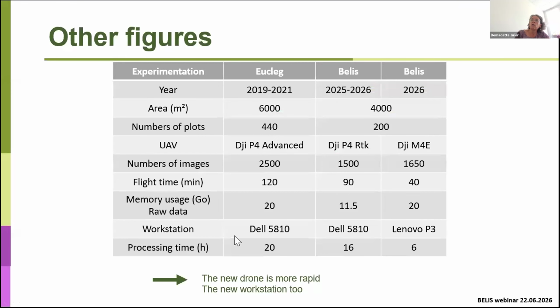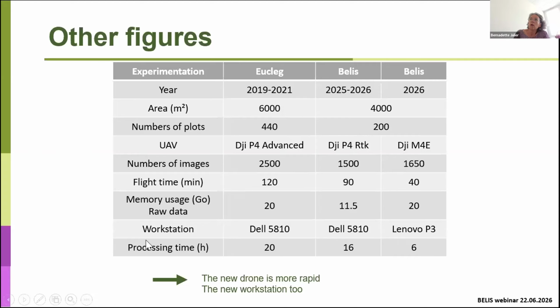Okay, here are the figures that are of interest for all people who would like to start with drone flights and all this system. The trials are not the same. The Euclid trial was a little bit larger than the BELIS trial, but with more plots, of course.